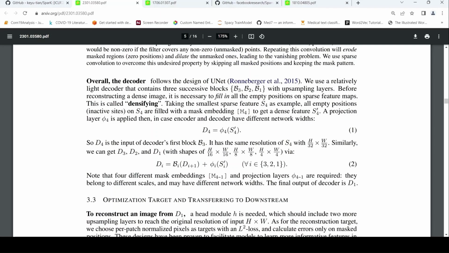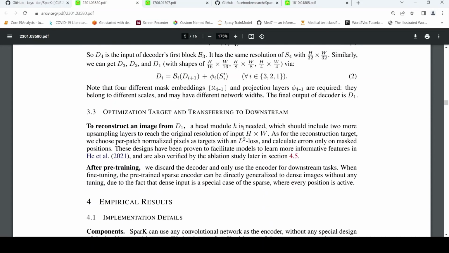They do something called densifying: all empty positions on the sparse feature maps are filled with mask embedding to get a dense feature. Then they do the decoder. And after pre-training, you can have a head module, which can have 2 or more upsampling layers to reach the original resolution, and then you can do your downstream tasks.